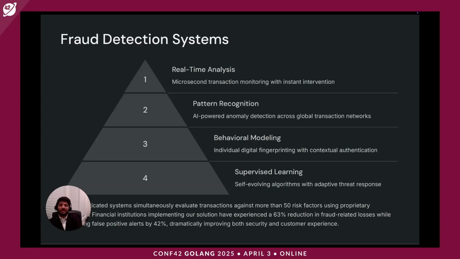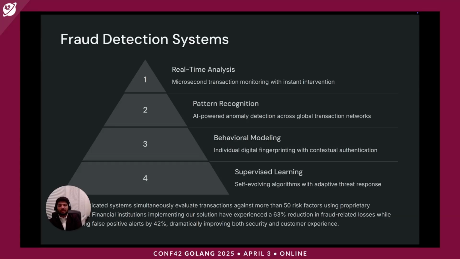AI-powered detection: our models continuously learn from millions of past fraud attempts and improve the accuracy. Fraud detection is improved by 63%. Banks using our systems have cut fraud losses by nearly two-thirds.